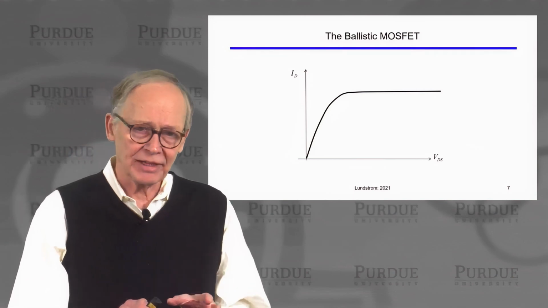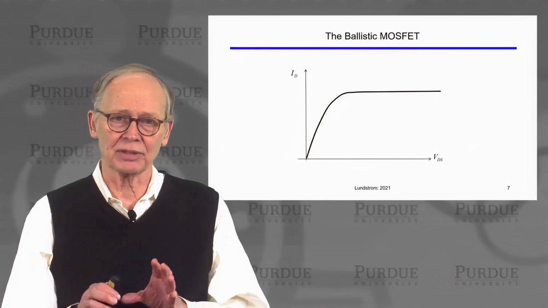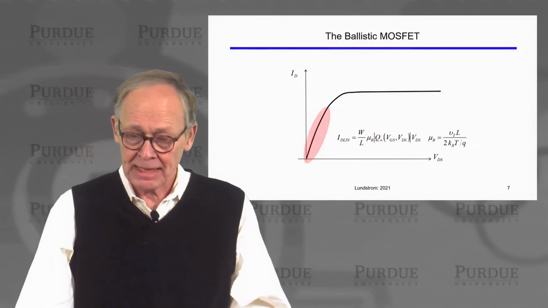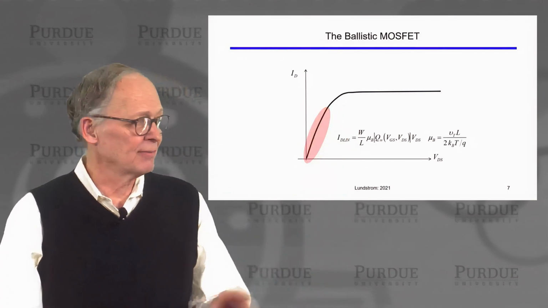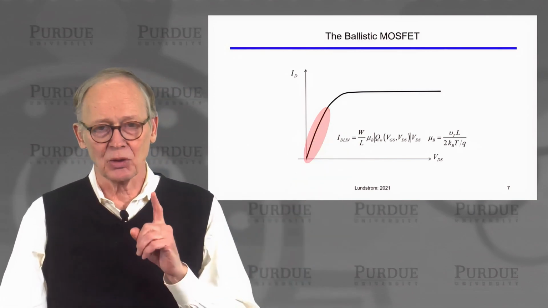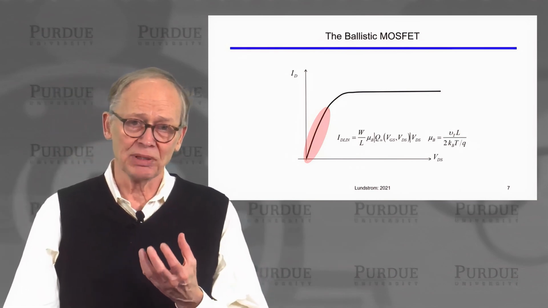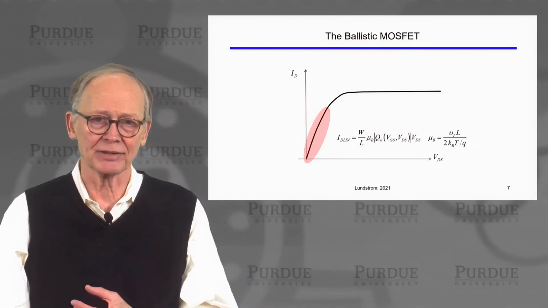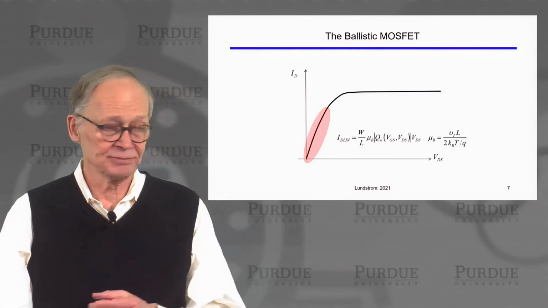Well, the next thing we did was to move on to the ballistic MOSFET and apply that current equation to the linear and to the saturated regions of a ballistic MOSFET. We saw that we could write the linear region current in this way. We could manipulate it so it looked very much like the traditional model with only one change. The one change was that instead of putting the mobility itself in there, the mobility that's determined by scattering in a bulk semiconductor, we introduced a quantity called the ballistic mobility.